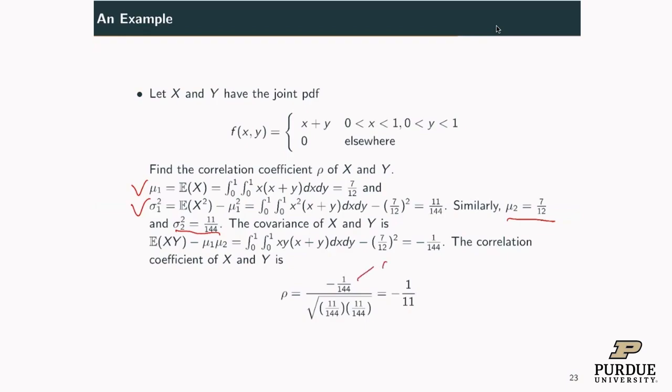The numerator is covariance. The denominator is the square root of variance of X times variance of Y. So it's the standard deviations. Don't forget the square root of variance. So we can get the correlation coefficient between X and Y is negative 1/11.